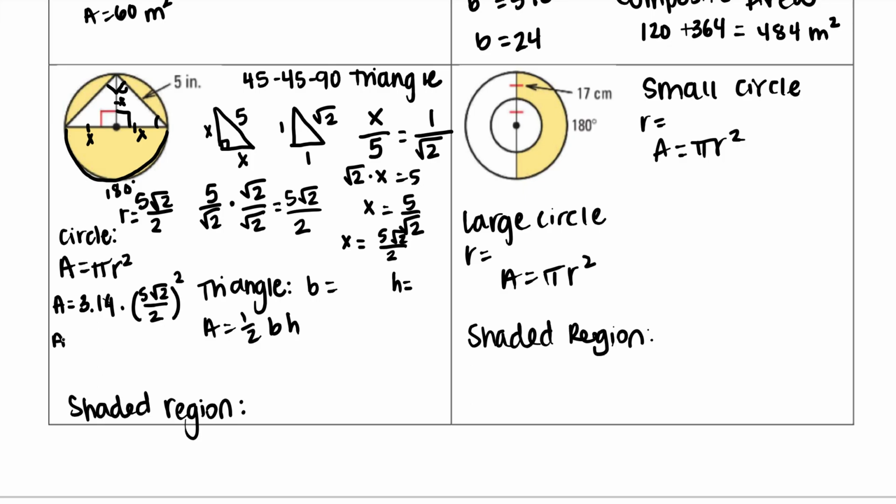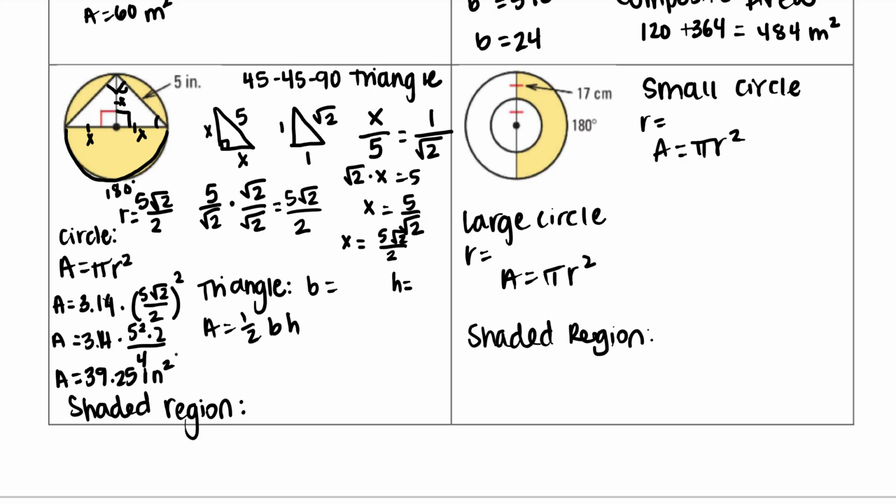So when I need to square everything in there, I'm going to individually square each of those numbers. So I have 5 squared times root 2 squared, which is just 2, all over 2 squared, which is 4. So I have 25 times 2 divided by 4, 50 over 4, 12 and a half, and 12 and a half times pi leaves us with about 39 and 25 hundredths. We're measuring in inches, and this is area, so the area of my entire circle is 39 and 25 hundredths.